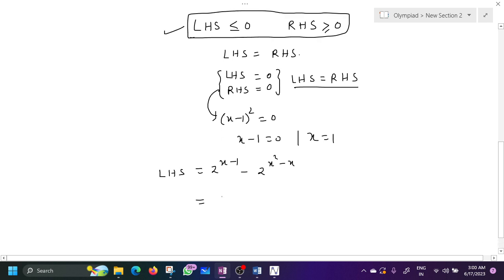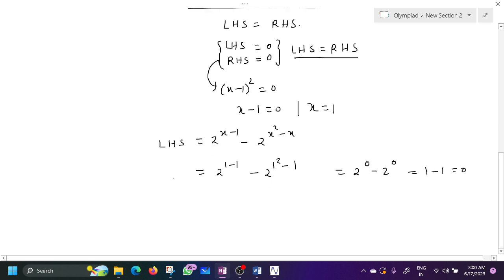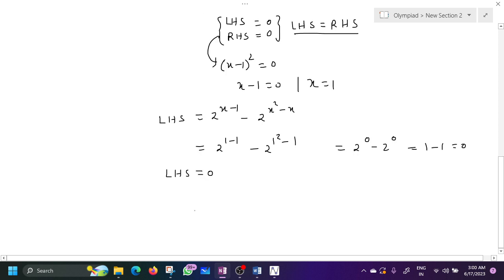So we get 2 to the power 1 minus 1 minus 2 to the power 1 square minus 1, which is 2 to the power 0 minus 2 to the power 0, which is 1 minus 1, equal to 0. So LHS is also equal to 0. So for x equal to 1, we are getting LHS equal to RHS equal to 0. So x equal to 1 is the only solution for which this equation will hold.